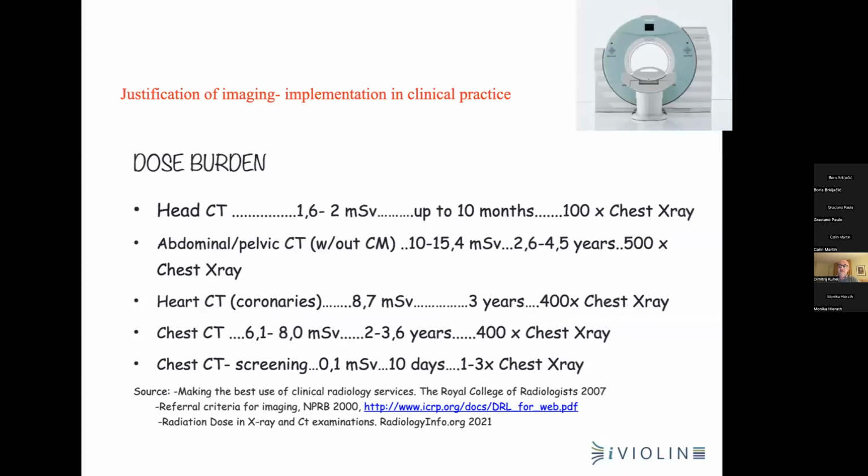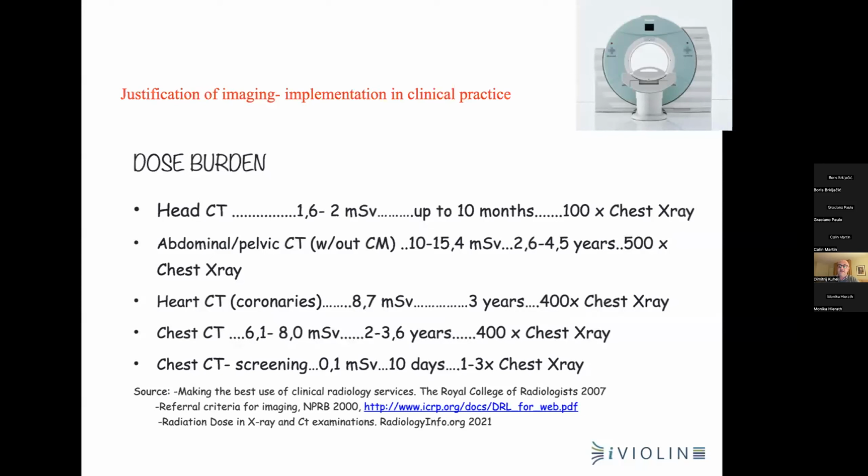In CT, the doses are even higher. Head CT is approximately 100 chest X-rays. However, abdominal and pelvic CT is even higher, about 500 chest X-rays. And the majority of CT examinations have quite high doses.